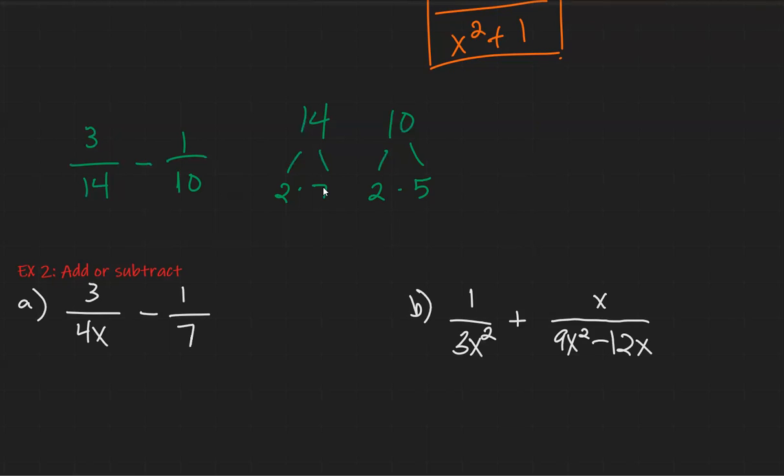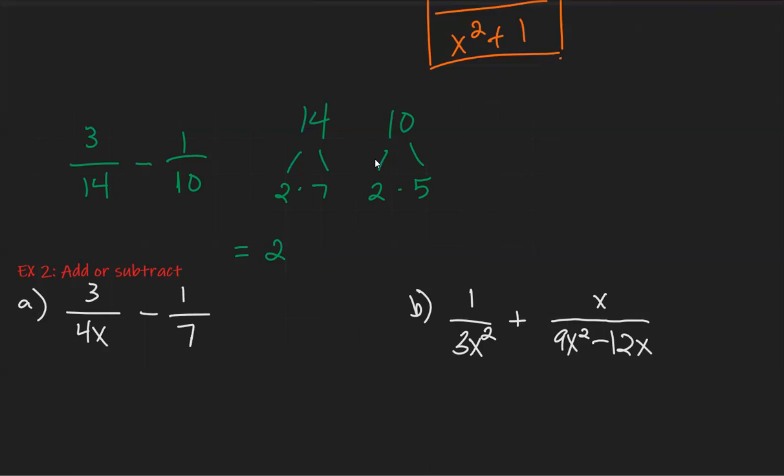right? So in this case, let's pretend that this is 14's shopping list. It needs a 2 and a 7. And this is 10's shopping list. It needs a 2 and a 5. Well, you're not going to leave the store until hopefully you both get the same stuff, right? So what's going to be your shopping list combined? Well, you have this 2 in common, so that's going to be part of your joint shopping list.